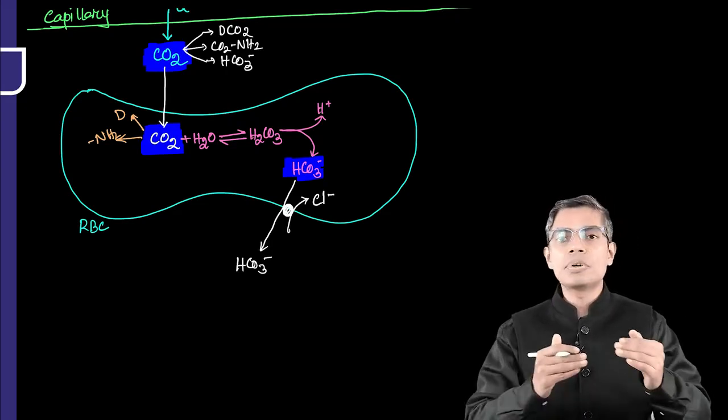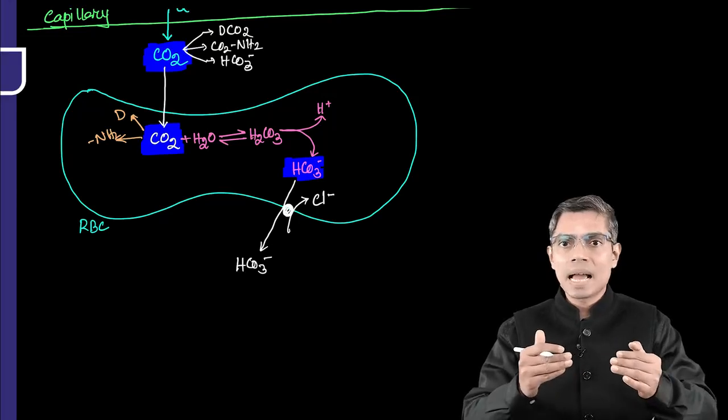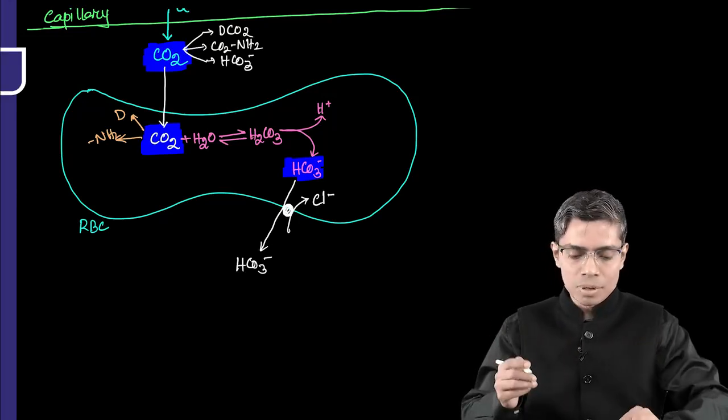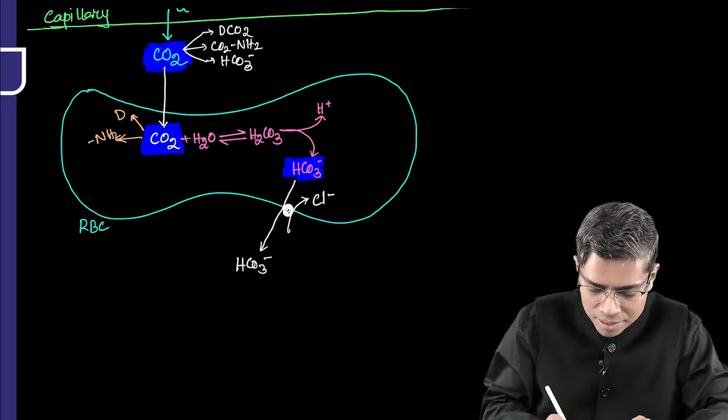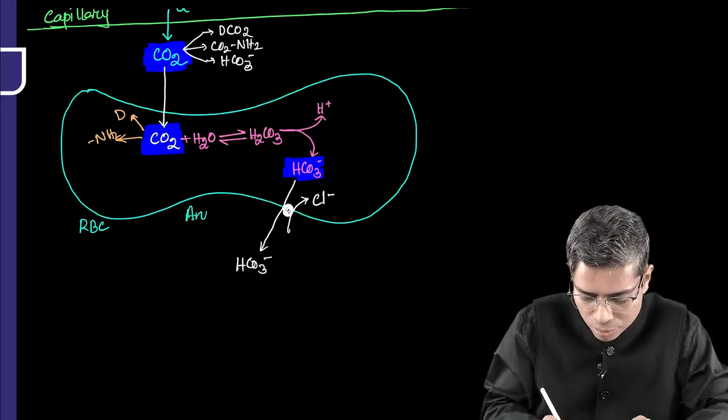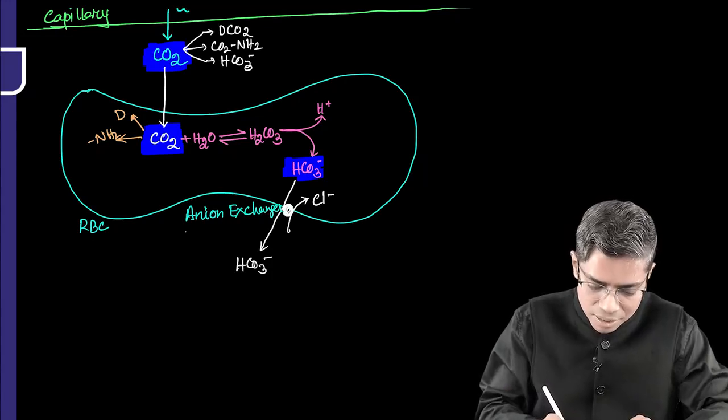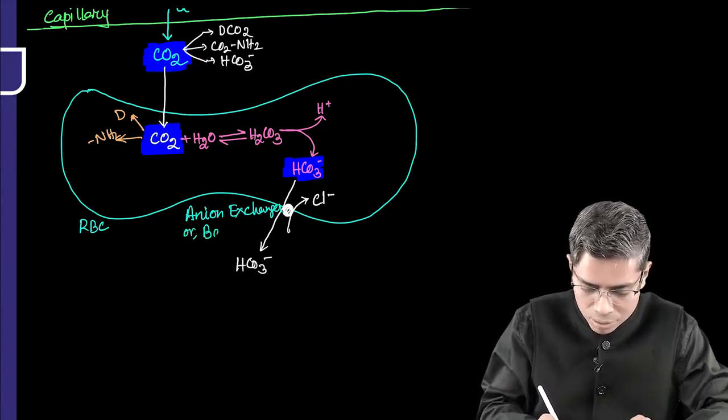So this is an antiporter, a chloride bicarbonate antiporter, which is also known as anion exchanger, right? This anion exchanger is also known as band 3 protein molecule.